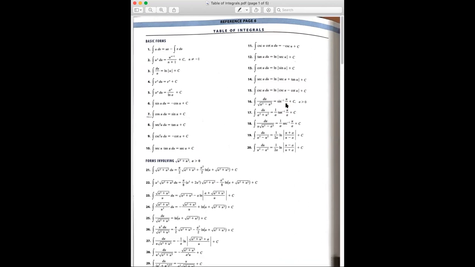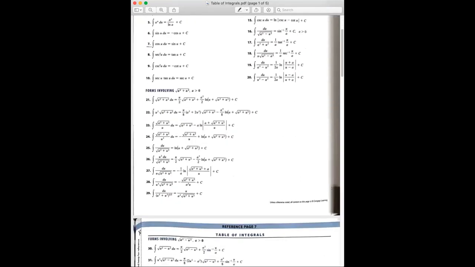So now the basic forms, we have done this before, right? I always say that when you're doing an integral, check if you can do it with the basic formula. Next, they have some forms involving the radical a squared plus u squared. Most likely the u right here is the variable and a is a constant.